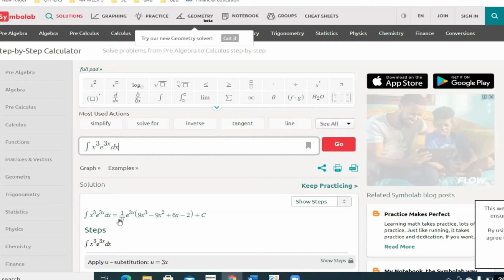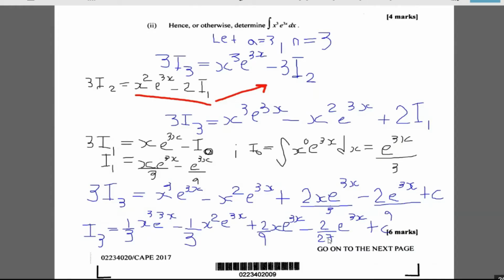If we factorize out 1 over 27 e to the 3x, we'll get the same answer.